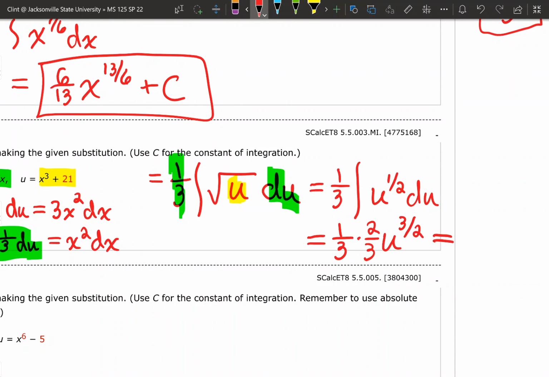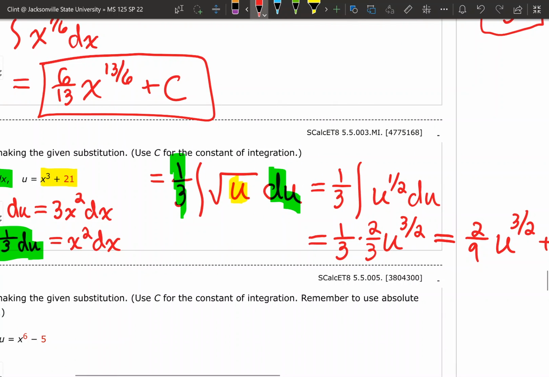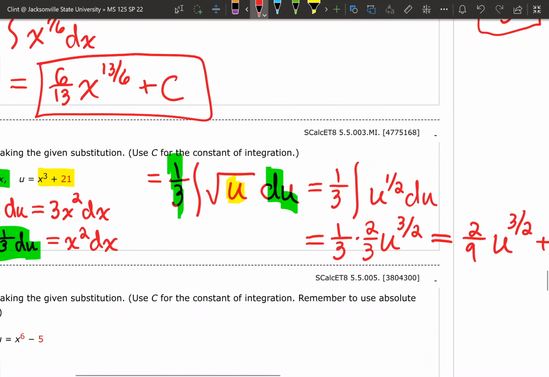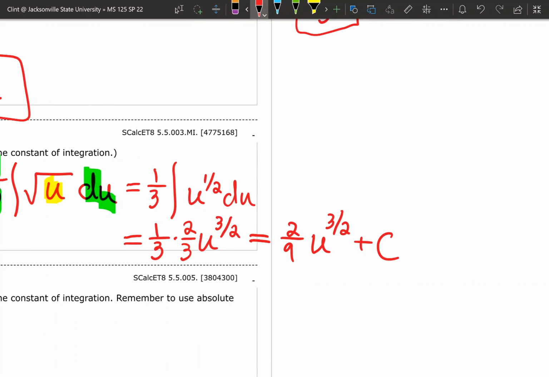We do have a, no, we don't have cancellation, we got 2 over 9, u to the 3 over 2, plus c. And u was x cubed plus 21. So we can undo that substitution.